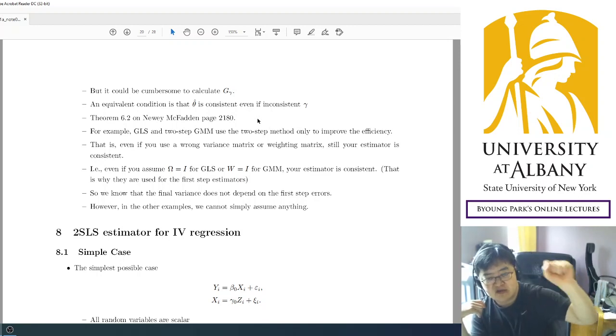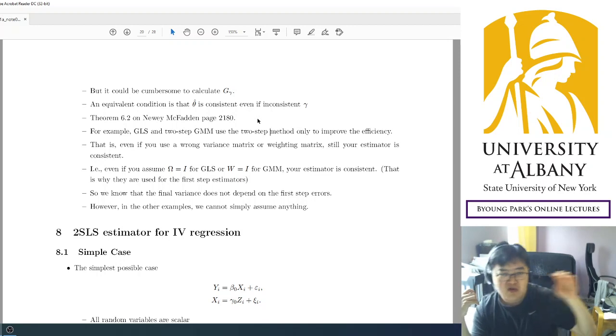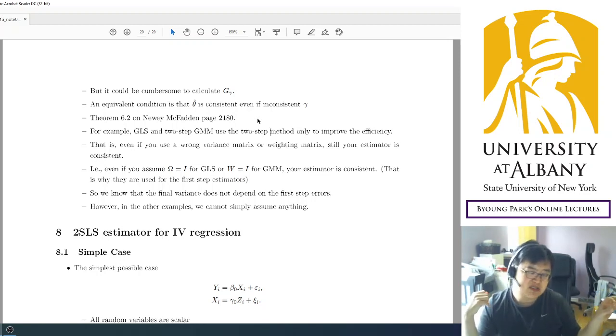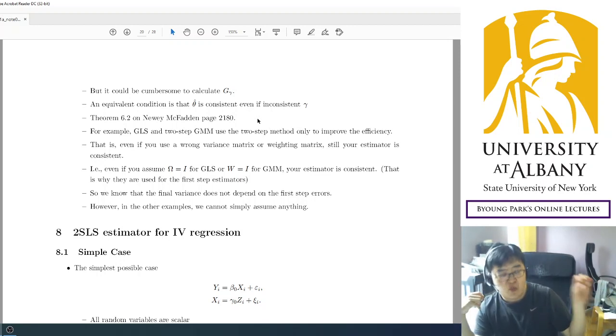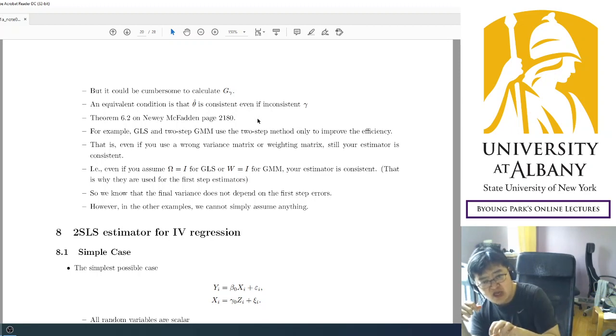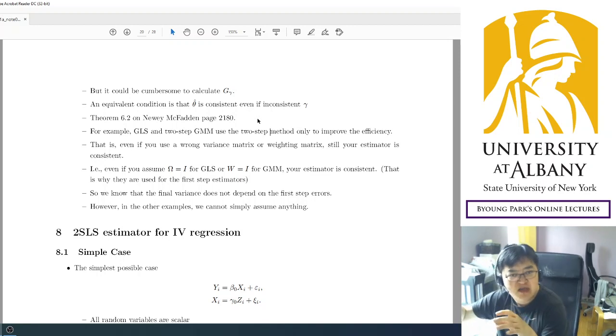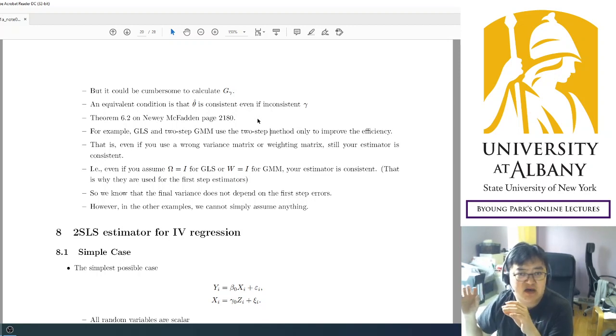Then, using the first stage estimator, you calculate the variance of the moments, and then using the optimal weighting matrix, you obtain the efficient GMM estimator. And we learned how to calculate the variance matrix of the efficient estimator.